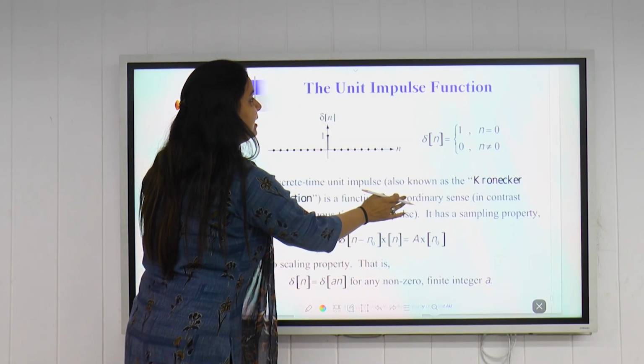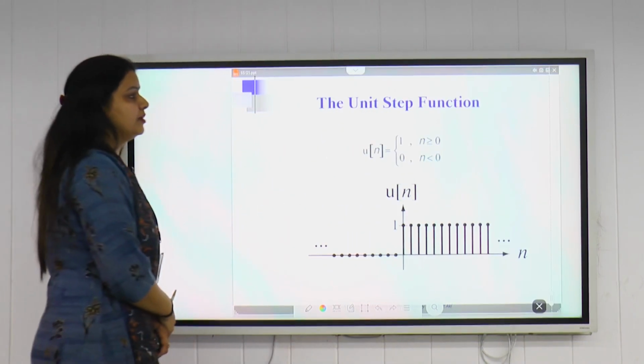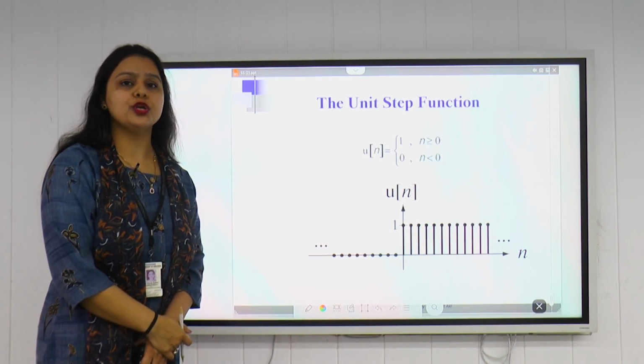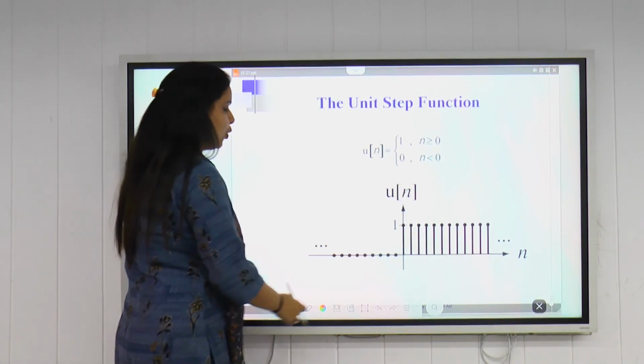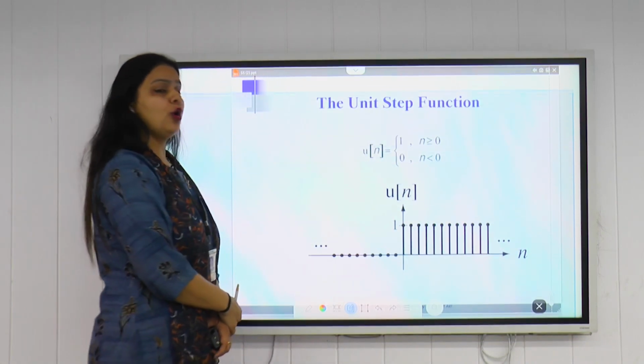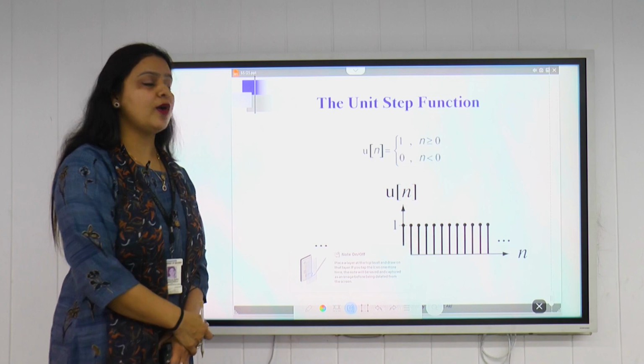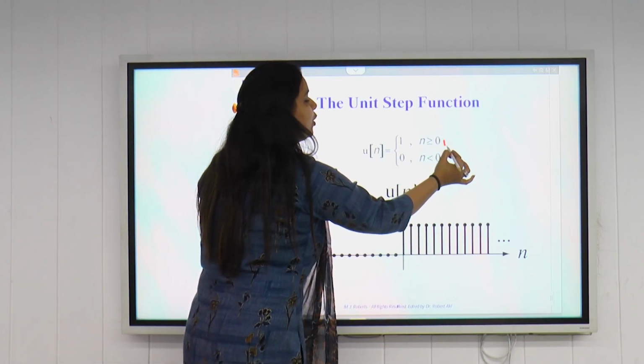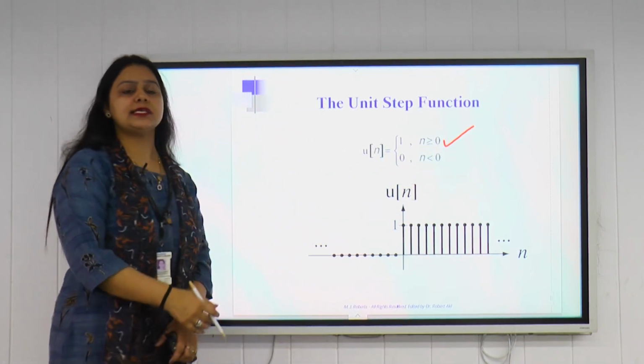Coming to the next elementary signal, we have the unit step function or unit step signal. It is denoted by u(n), and its value is 1 for n greater than or equal to 0. It's a very important signal.